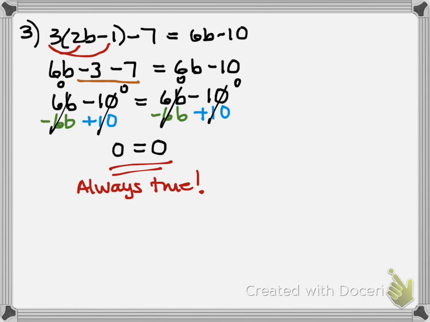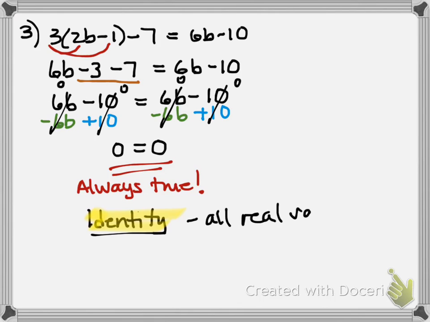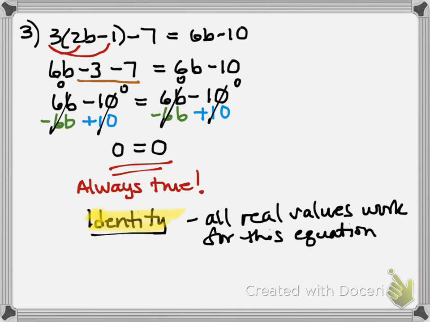The identity of the value doesn't change. So we do have a word we can use for this, is we can say this is an identity. And an identity means all real values work for this equation. Meaning, every single number that exists is a solution.